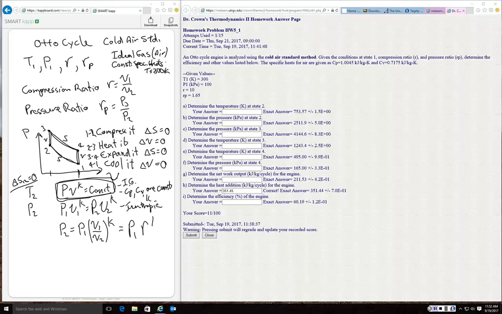And then if I use the ideal gas relationship, which I can use for any process, I write it as P2 V2 equals R T2, and divide it by P1 V1 on the left side and R T1 on the right side.